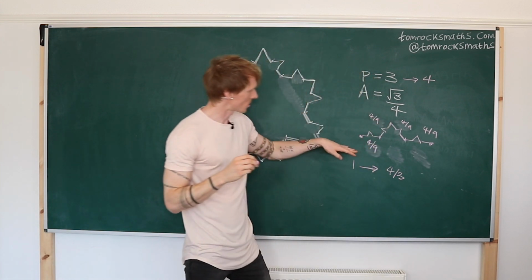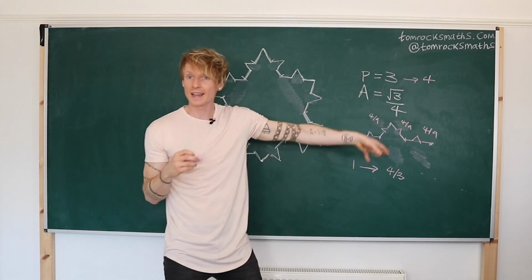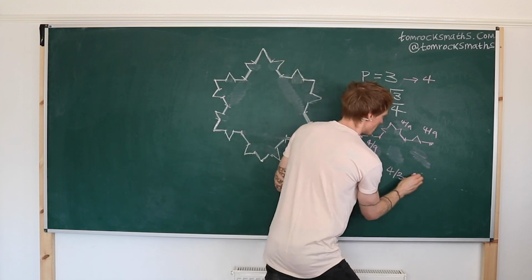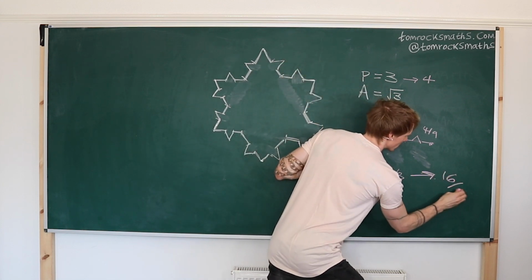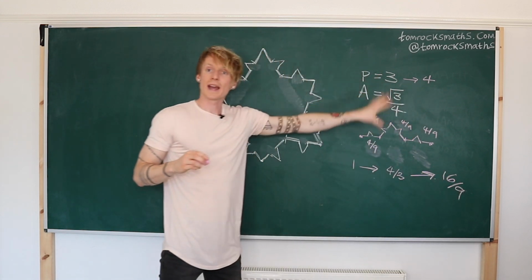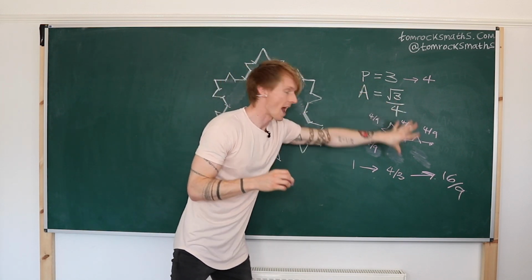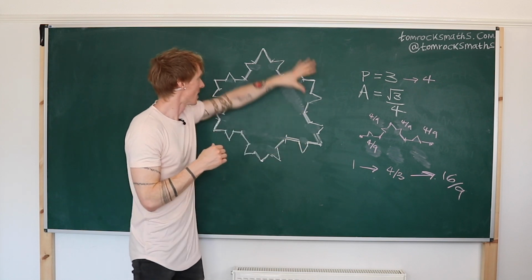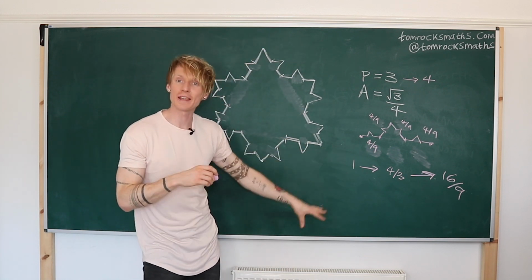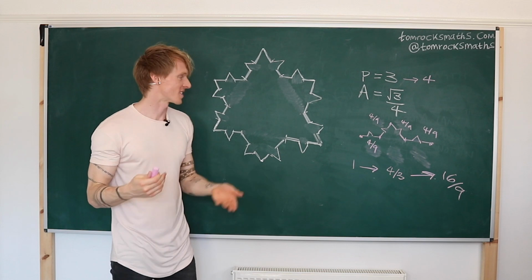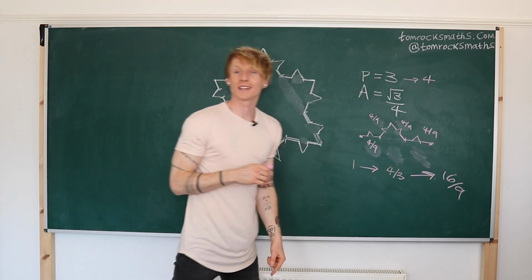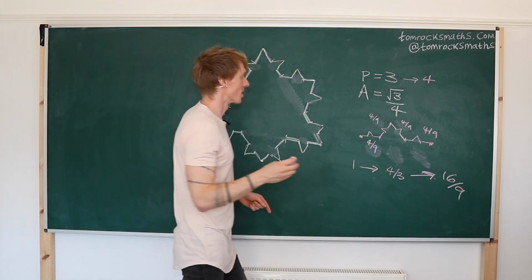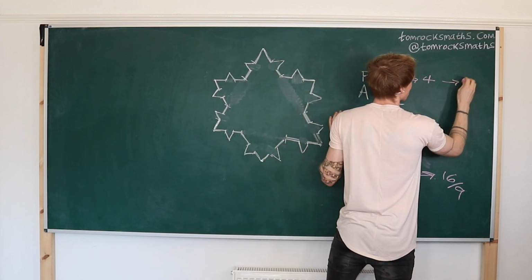So the grand total here is 4 lots of 4/9, which is 16/9 after step 2. So we have 16/9 on one edge after the second iteration of the process. And again, there are 3 sides to our shape. So the new total perimeter is 3 lots of 16/9, which turns into 16/3.